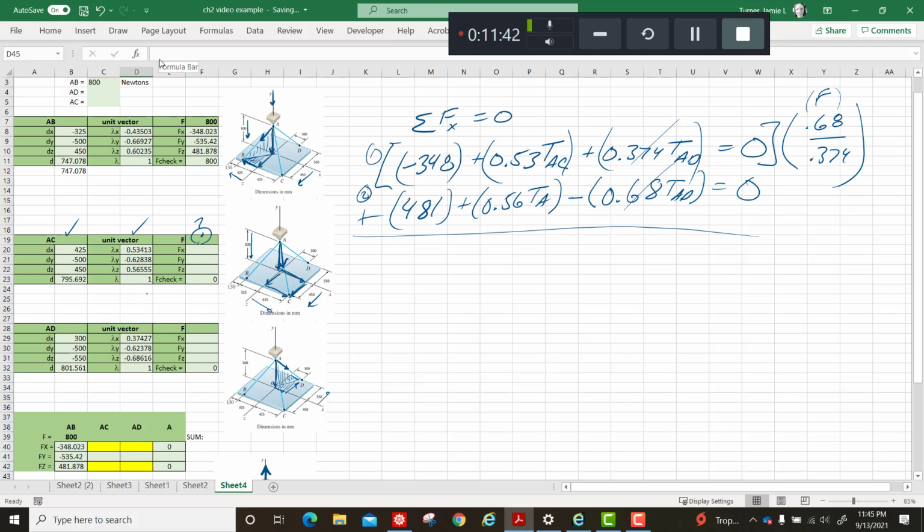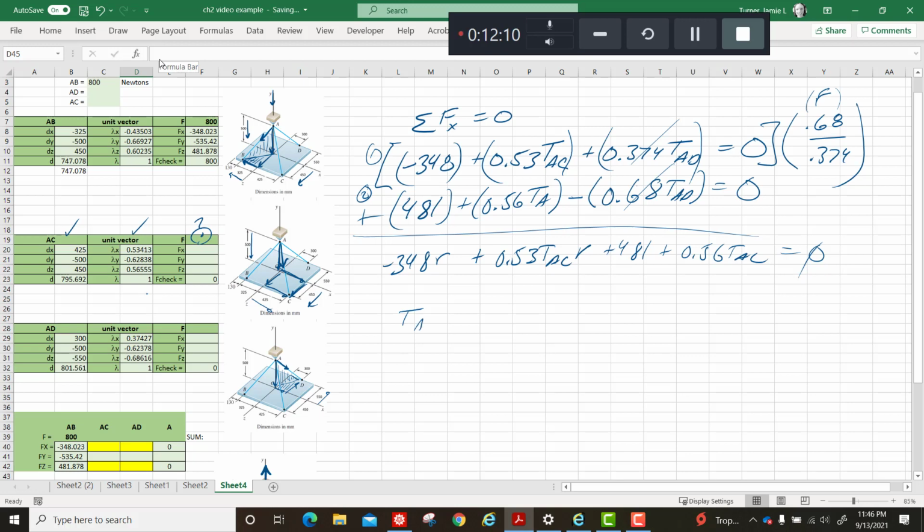Okay, so here's this ratio, negative 348 times the ratio plus 0.53 TAC times that ratio. And then I'm just going to keep adding this stuff on, plus 481 plus 0.56 equals 0. So then let's just combine like terms, right?